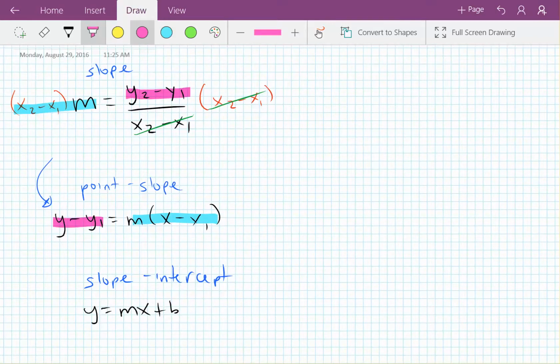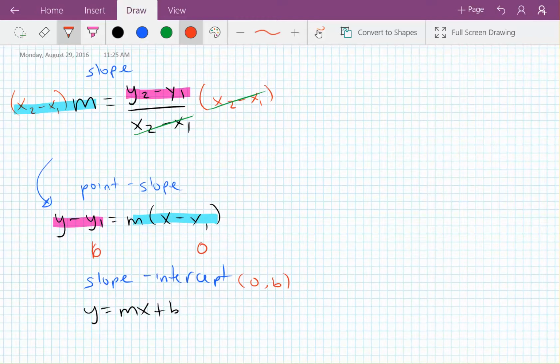Right? So now, taking this a step further, this does not look like y equals mx plus b at all. However, if I'm doing the slope intercept, I know that my intercept is some point where x is 0, and then we're just saying the y value is b. Why b, I don't really know. But if we plug that into the equation above as our point, x1 is 0, and b is our y.